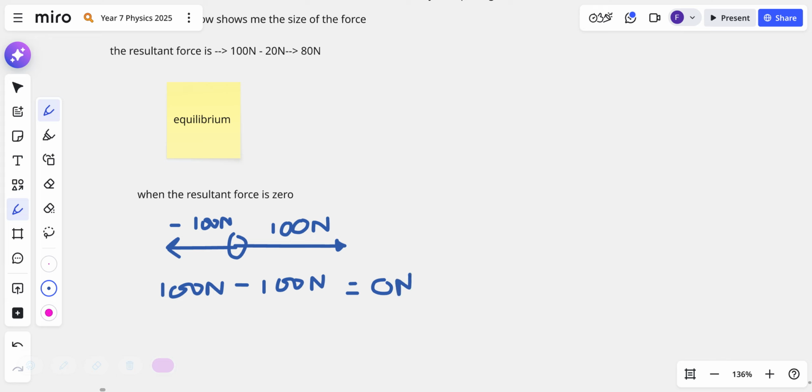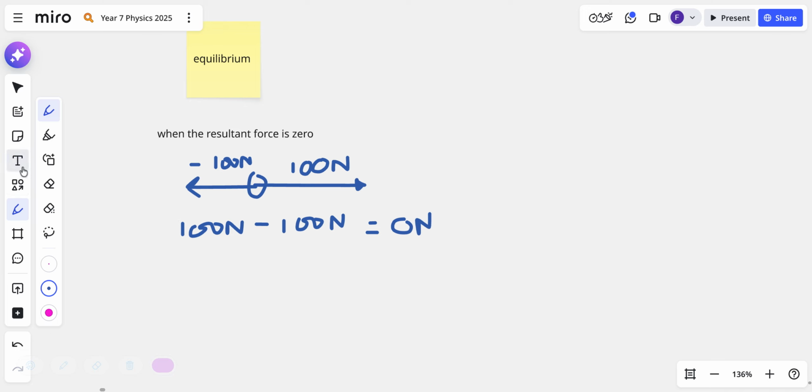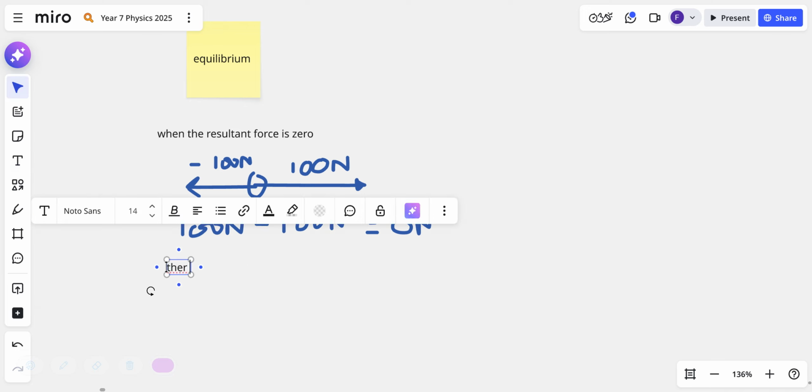Now, in this case, we say, right, we're not moving. However, to be exact, today I don't mind if you're exact, there is no change in speed.